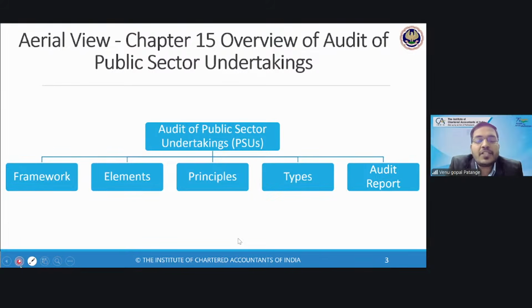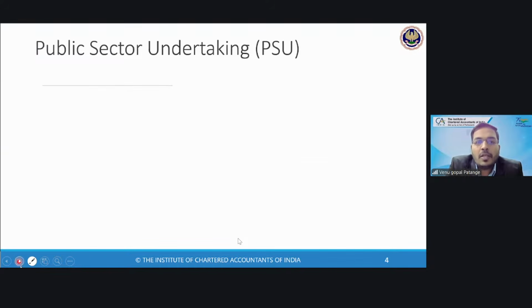Let us first understand what PSU means. A public sector undertaking may be a government department, a ministry, a listed entity, or a large corporate.